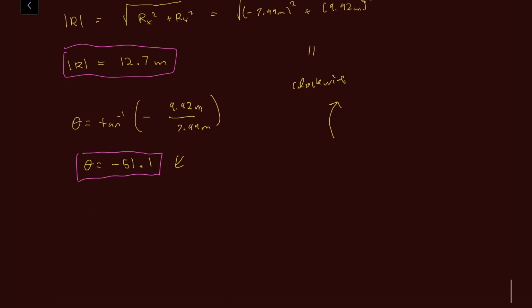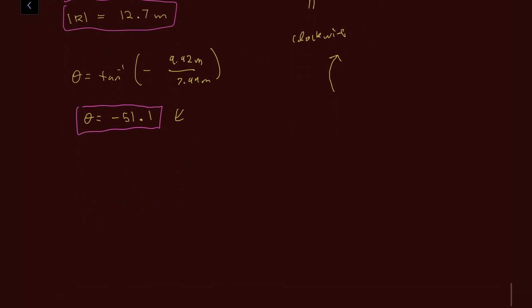So you can either define this new vector as a vector with 12.7 meters in the 51.1 degrees north of west, or you can use the classical angle, which we find simply using 180 minus 51.1, which is 128.9. But since we need 3 sig figs, this just becomes 129.